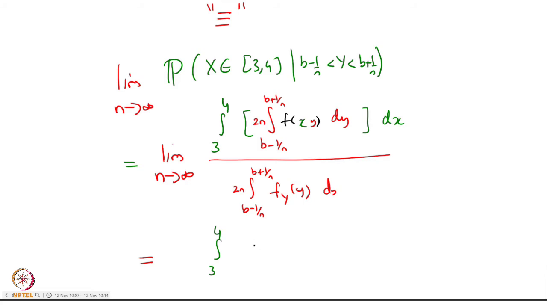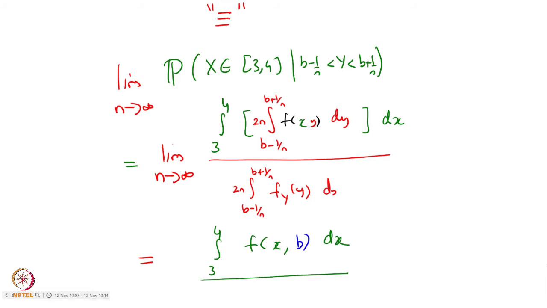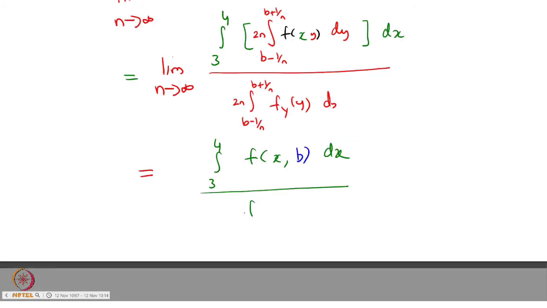The top person goes to f at the point x comma b, dx, and the bottom person just goes to f sub y at b.